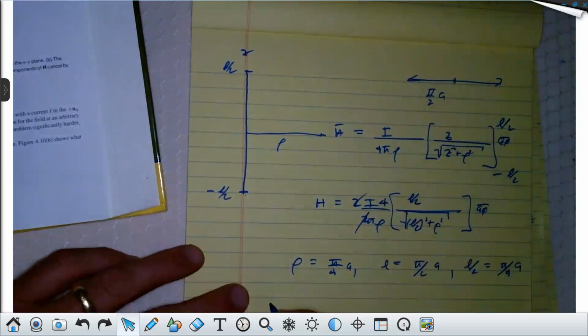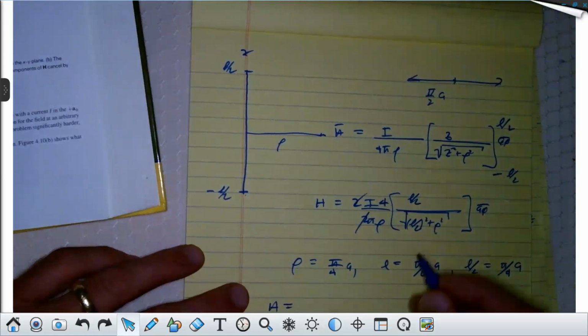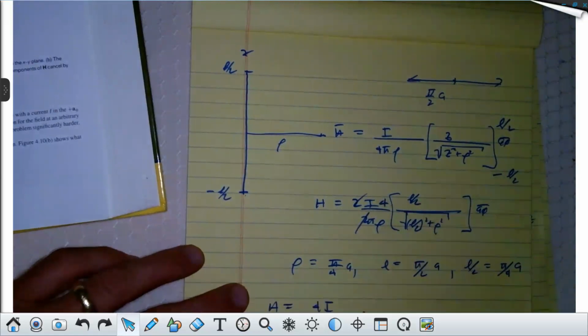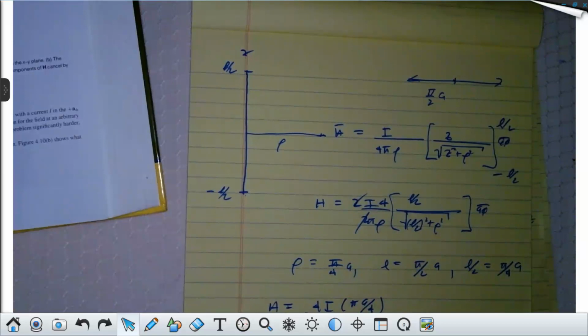That means the H field at the center, if I reshape that into a square, would be equal to 4i, and then L over 2 is pi a over 4, and then it's divided by pi, divided by rho, and then it's going to be the square root of pi a over 4 squared plus rho squared.